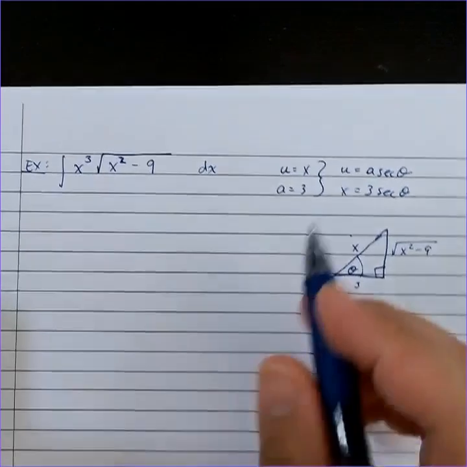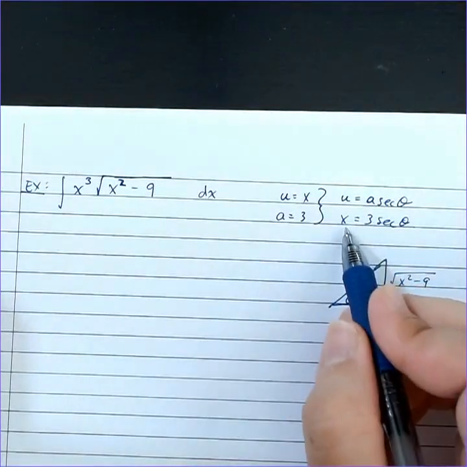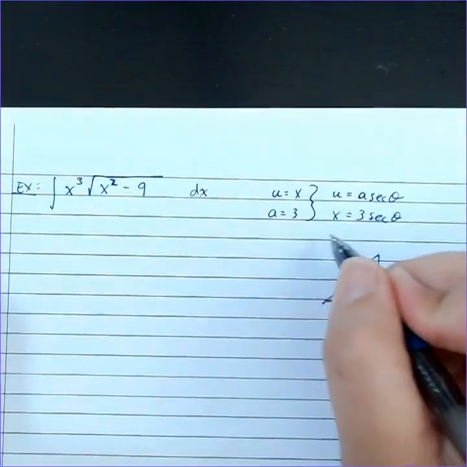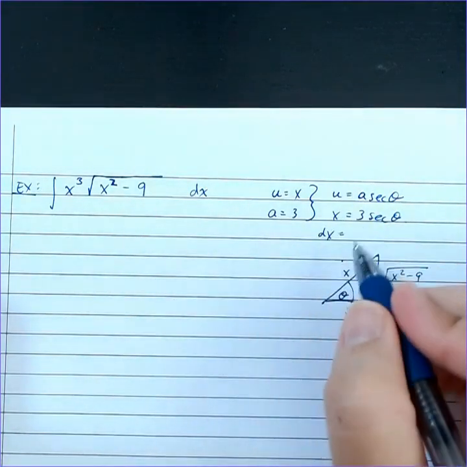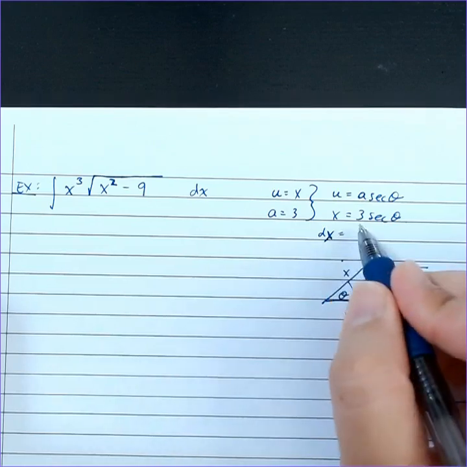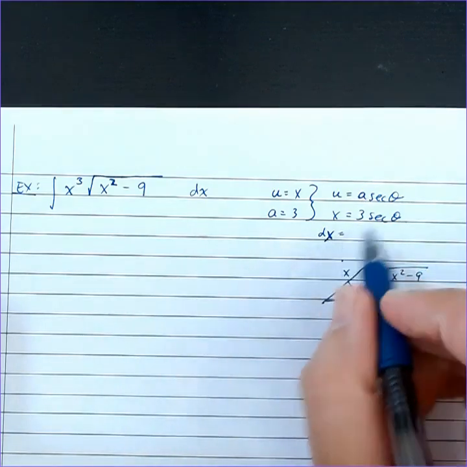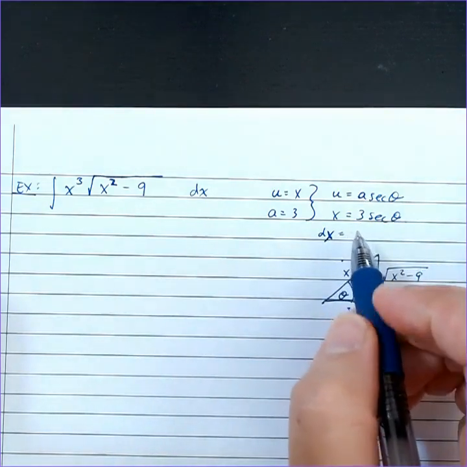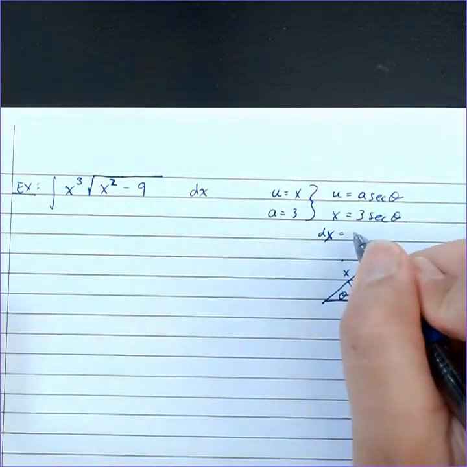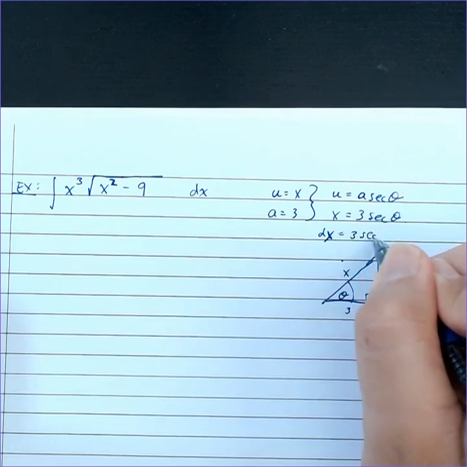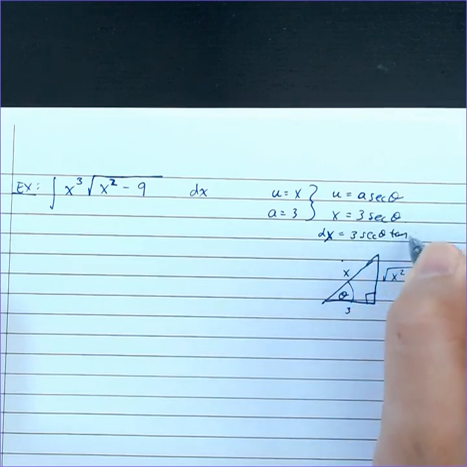All right, so one last thing. If x is equal to 3 secant of theta, we're going to need a differential. After all, we are replacing everything with respect to theta instead of with respect to x. So if x is equal to 3 secant of theta, then dx is equal to 3 secant of theta tangent of theta d theta.